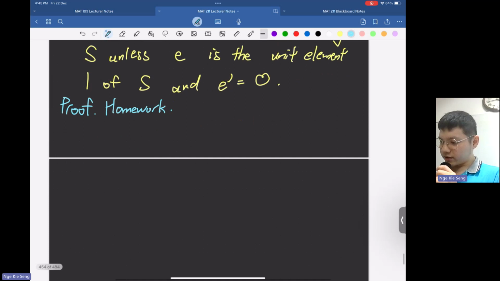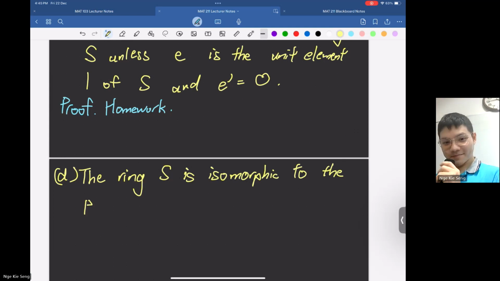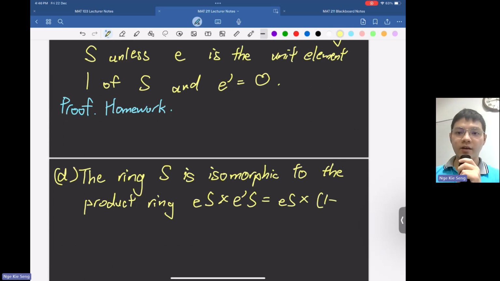And so the most important result is this one. And this one is very useful in your future career, not only for maths, pure maths. Okay, so for this ring X, I can split the ring using the idempotent, using EX and E prime X, which is 1 minus E times X. Did I define 1 minus E?